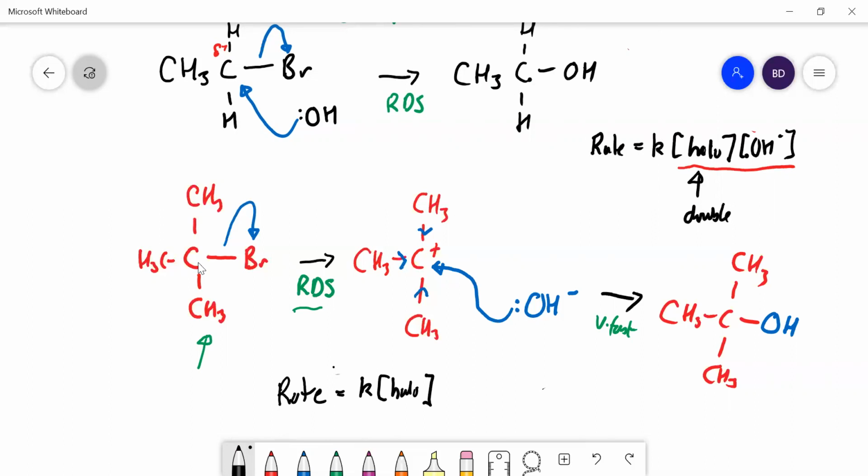So hopefully that will give you some insight into the rate determining step and how that will affect what the rate equation looks like. Working backwards by looking at the rate equation, we can make some suggestions as to what the reaction mechanism is.